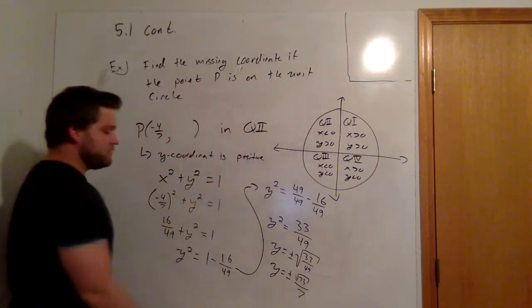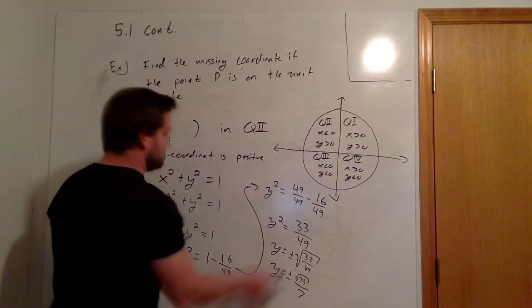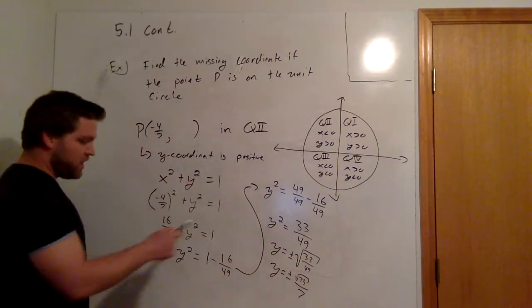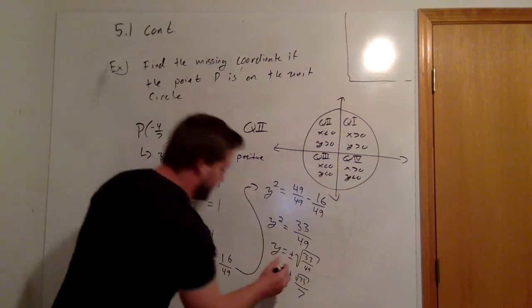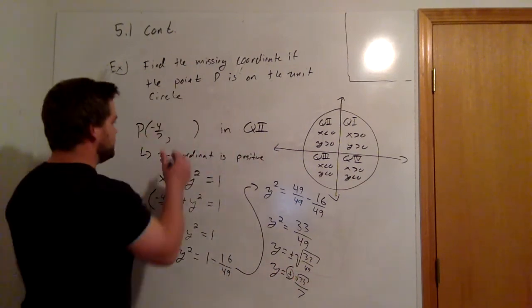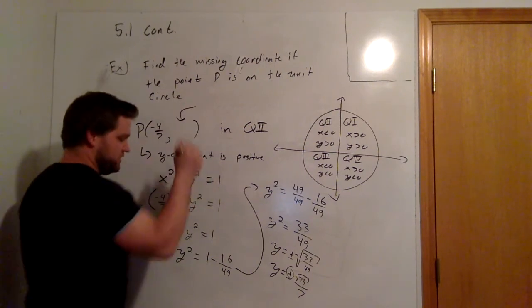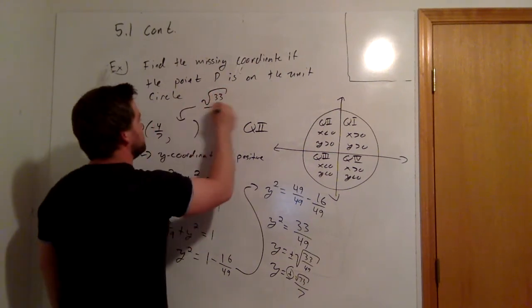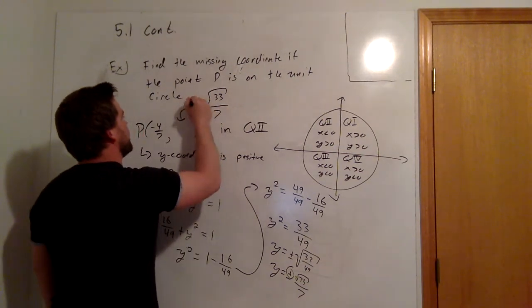So now our job is to pick whether we want the positive or negative value, but since we're in the second quadrant, we know that the y-coordinate is positive, so we'll choose the positive value. So our answer is the missing coordinate is going to be positive √33/7. That's what our y-coordinate is.